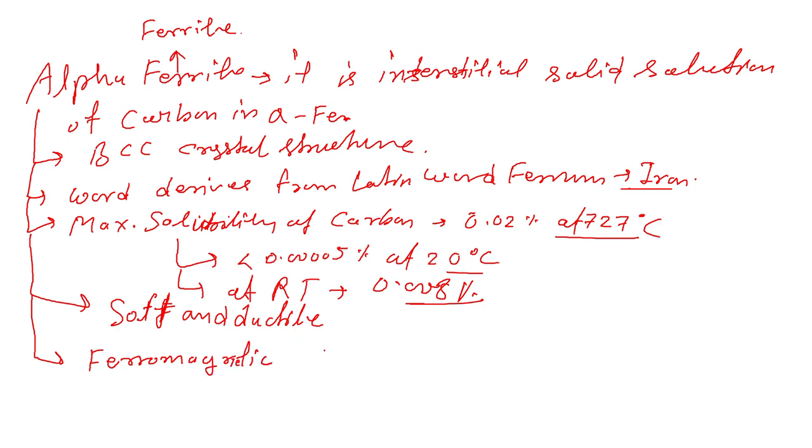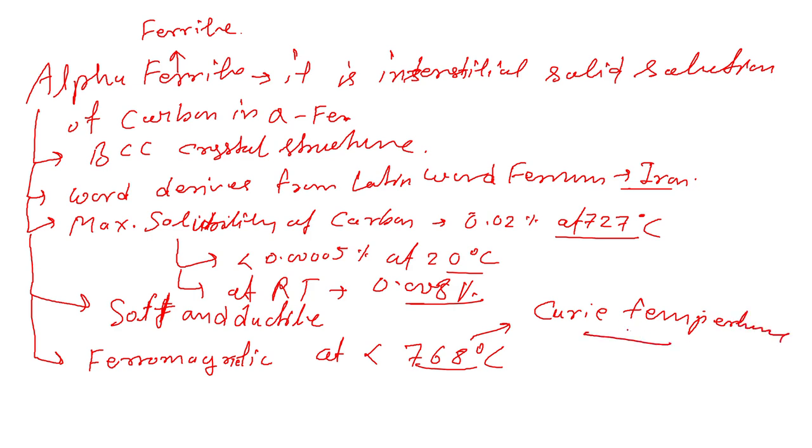It is ferromagnetic at less than 768 degrees centigrade. 768 degrees centigrade is the Curie temperature, the temperature at which the magnetic properties change to non-magnetic properties.